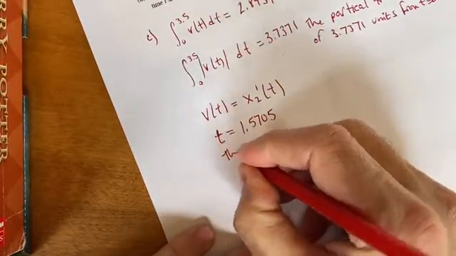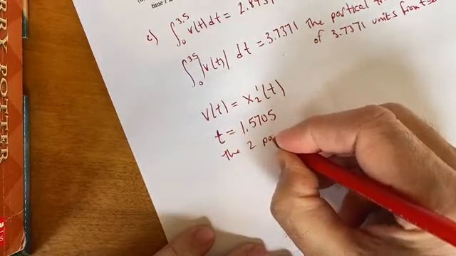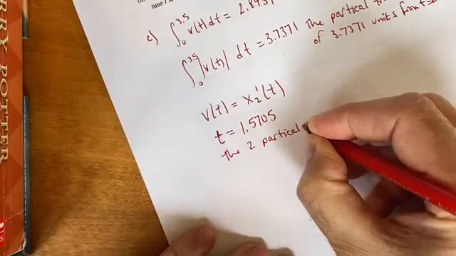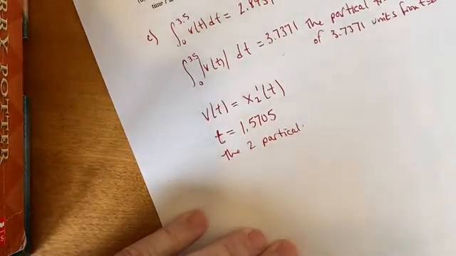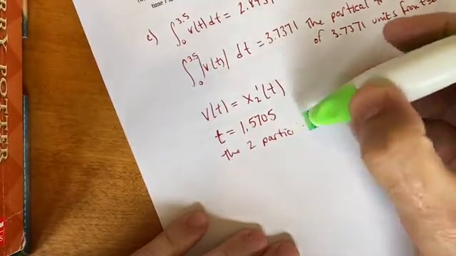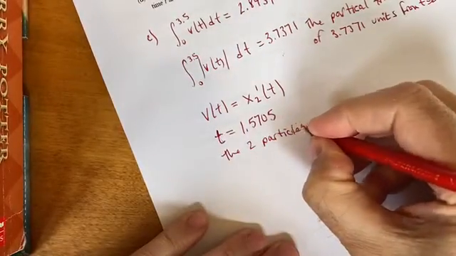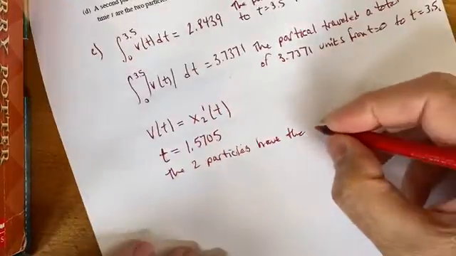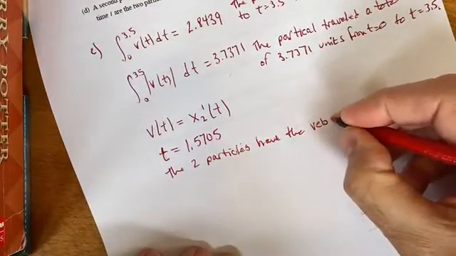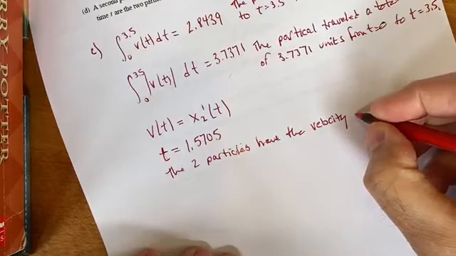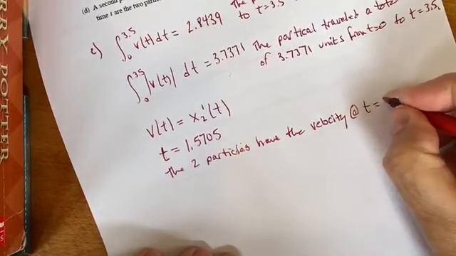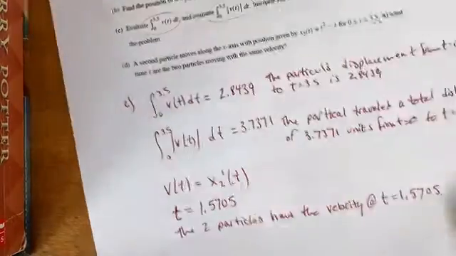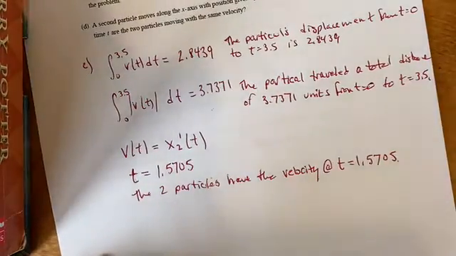The two particles have the same velocity at time equals 1.5705.